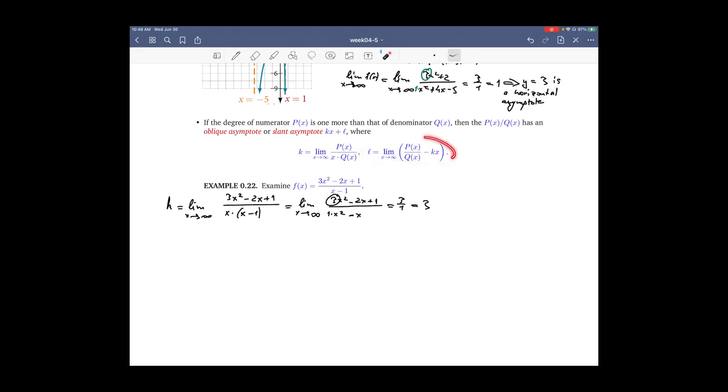And now to find L, all you need to do is to compute this limit. P over q, 3x squared minus 2x plus 1 over x minus 1 minus k times x. K is 3, so that's 3x. Now we need a little algebra.